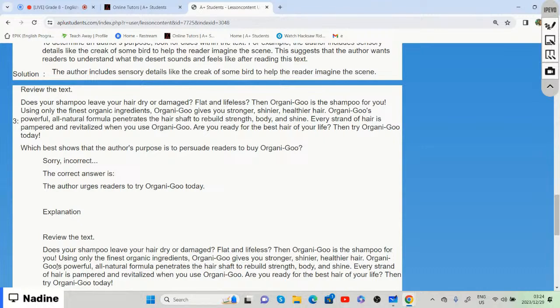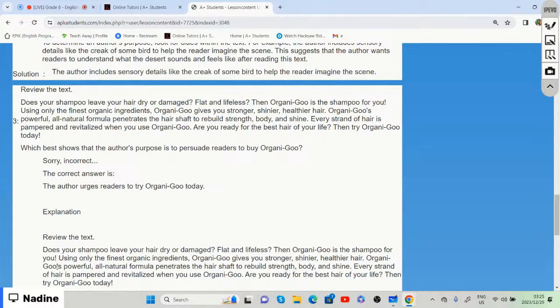And by advertising the specific product, right, it shows that the author is trying to persuade readers to buy the specific product. It's urging the readers to buy the product by describing it in detail, right?